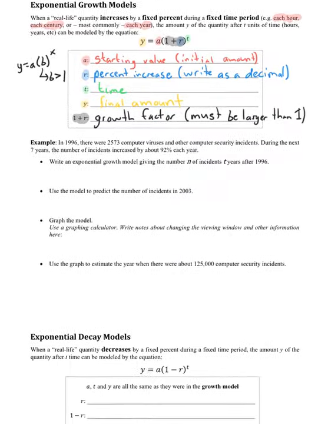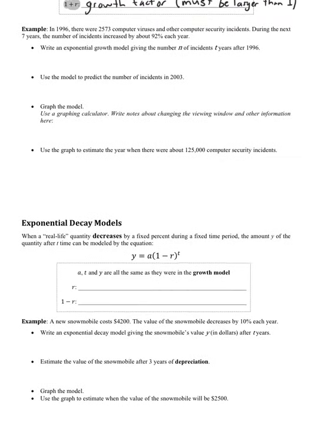Example 7 says, in 1996 there were 2,573 computer viruses and other computer security incidents. During the next 7 years, the number of incidents increased by about 92% each year.